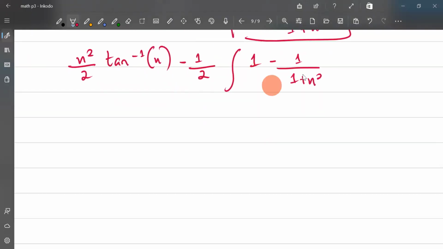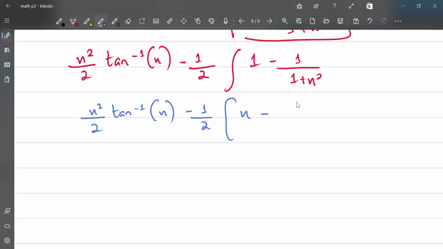Now we can easily integrate this. So it would be x square upon 2 tan inverse of x minus 1 upon 2, and if we integrate this, we get x, and this would easily be tan inverse of x plus c.